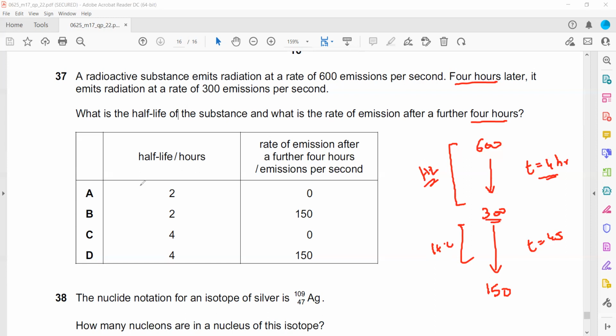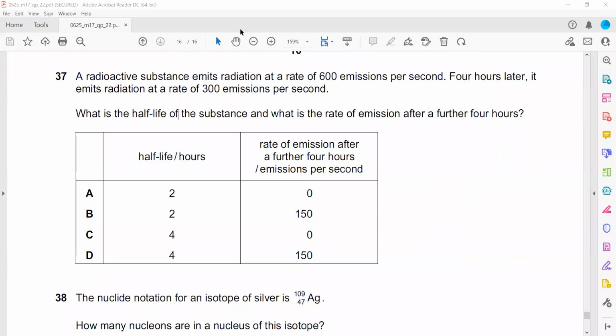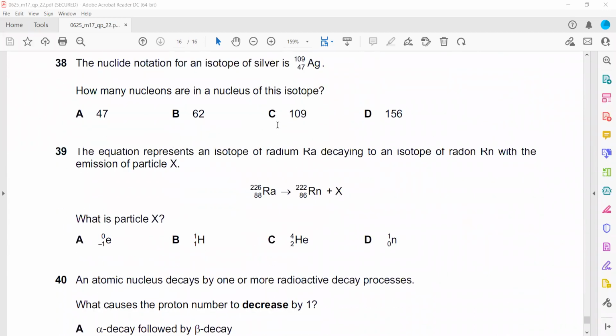So the half-life is 4 hours and the amount after a further 4 hours is 150. So 4 and 150, D is the right answer. So it won't be 0. It will be according to half of the original value.